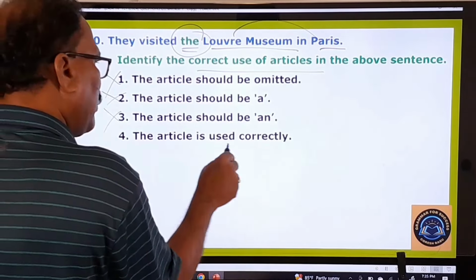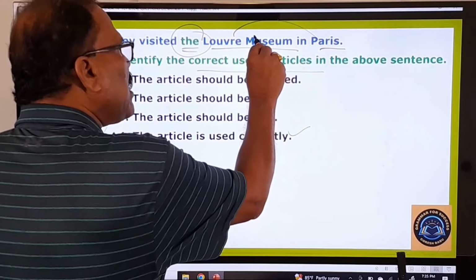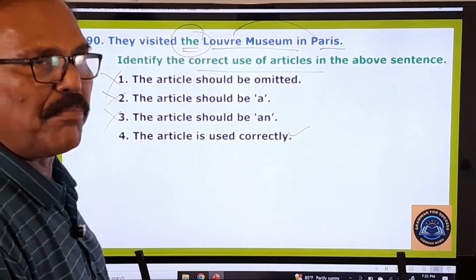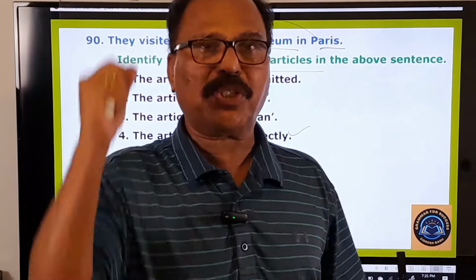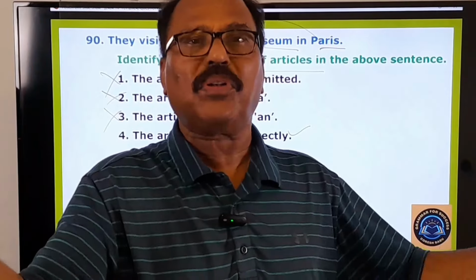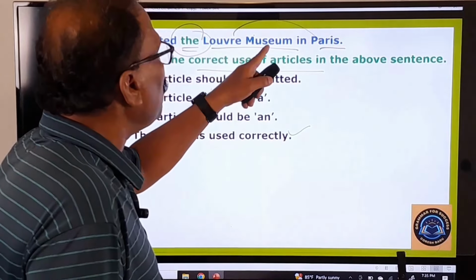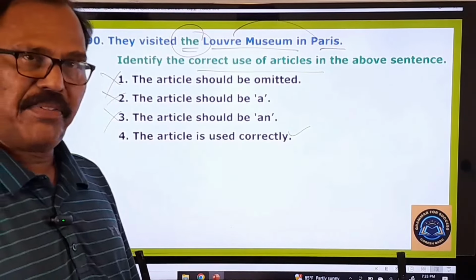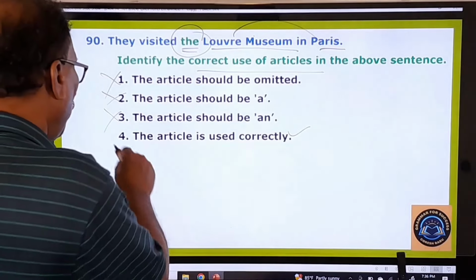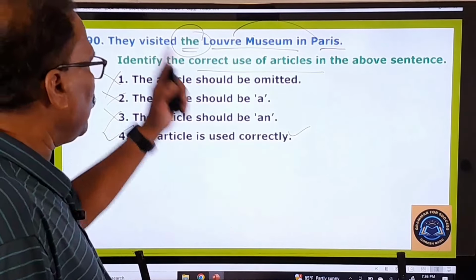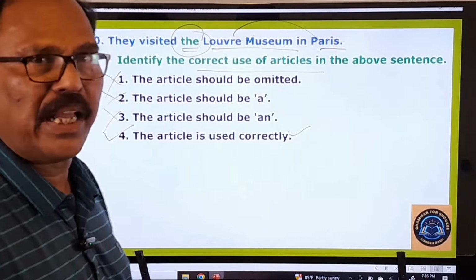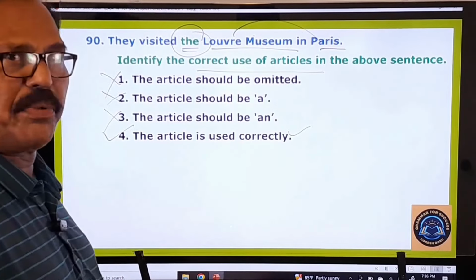No. The article is used correctly because this is a museum. Before the names of museums, we must use the definite article. There is a rule. So this is Louvre Museum, and therefore you are using the definite article the, and therefore this fourth one is the right one. The article used here is absolutely correct, and therefore this fourth one is going to be your answer.